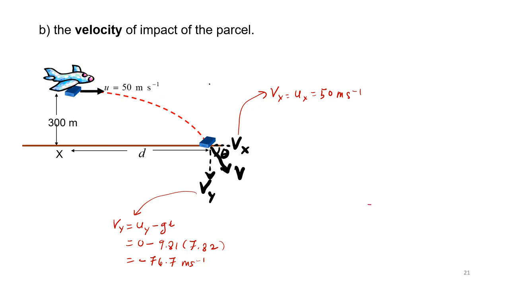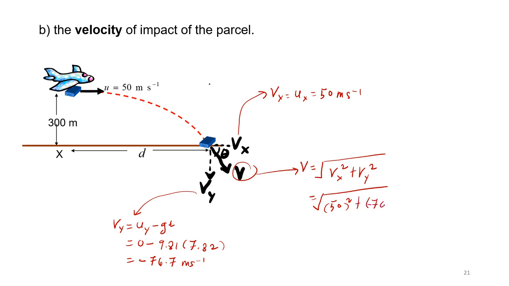After that, we calculate the velocity. We use equation Pythagoras theorem. V equals square root of Vx squared plus Vy squared. Substitute value one by one, Vx 50 squared plus Vy negative 76.7 squared, and then we get V 91.6 meter per second.